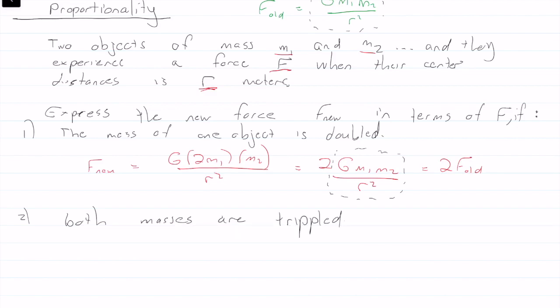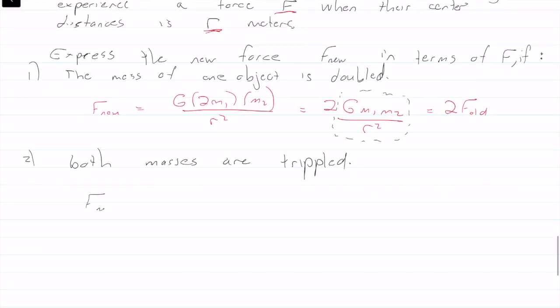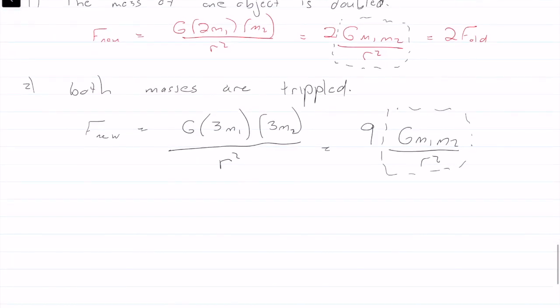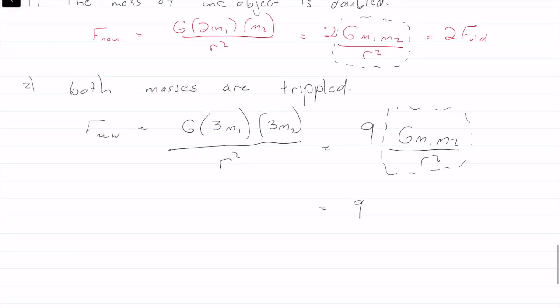Okay, so now my F new is going to be equal to G. Mass 1 needs to get tripled, mass 2 needs to get tripled, all over still r squared. Okay, so if I multiply that out, I get 9 G m1 m2 over r squared, and again this right here is equal to F old, so it's going to be equal to 9 times F old, or the old force.